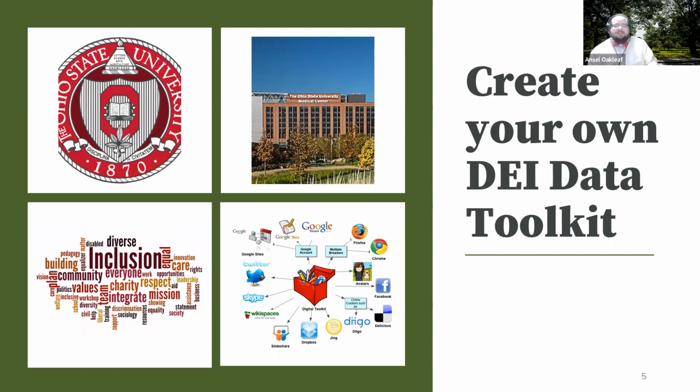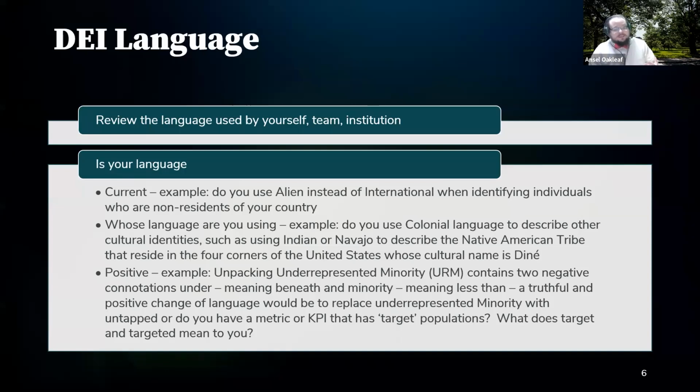It really has to be tailored to fit your institution, even down towards your department, to your units. So we're going to talk about what that looks like and how you can shape the DEI toolkit within your world so that you can work with your data and bring DEI into your workforce, to your students, to your research.